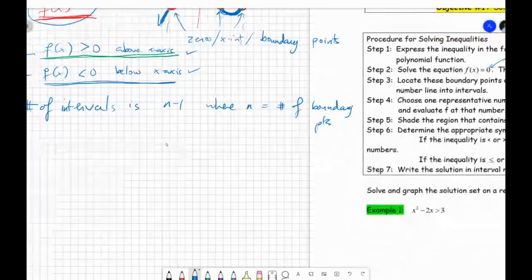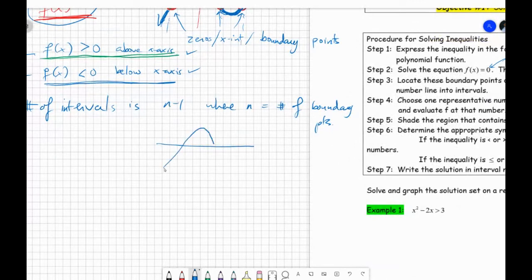I'll show you this here. Let's say I have something like this. I think that's still true, right? Yeah, it's still true. Okay, so I divided. I have 2 boundary points. I have 1, 2, 3 intervals. Yep, so this is always true here.